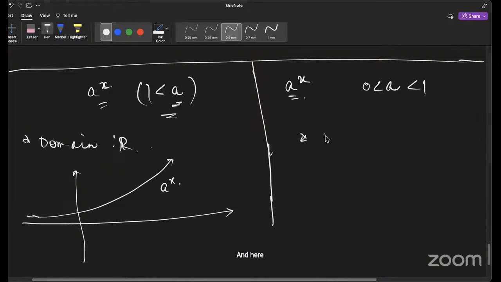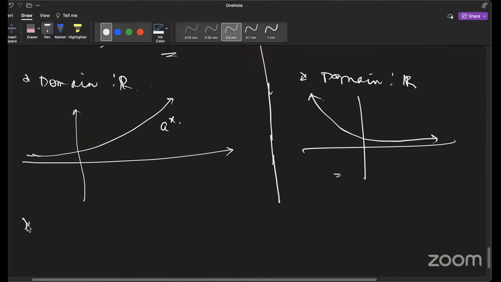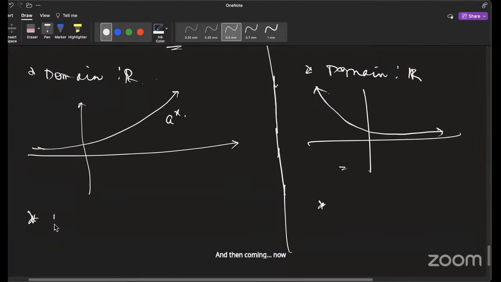And here, domains again are no change. And the graph looks like this.